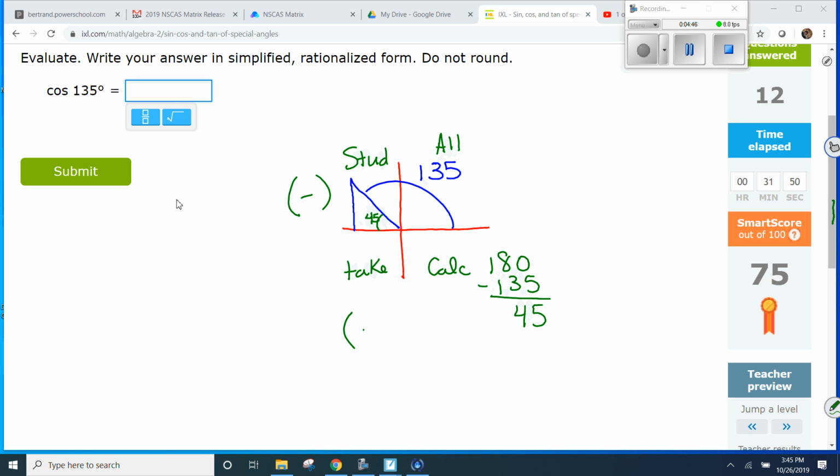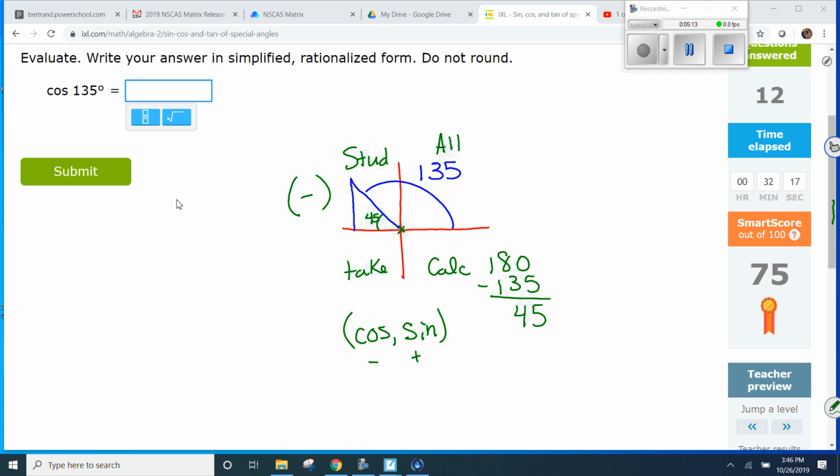If you remember that a coordinate point is the cosine comma sine, which is what you do when you use your hand trick. Cosine in the second quadrant, you're referring to the x value. So of course your x value, you are to the left of the origin, so that does have a negative value. Sine, you are above the x-axis, so that is positive. So we know that cosine will be negative.